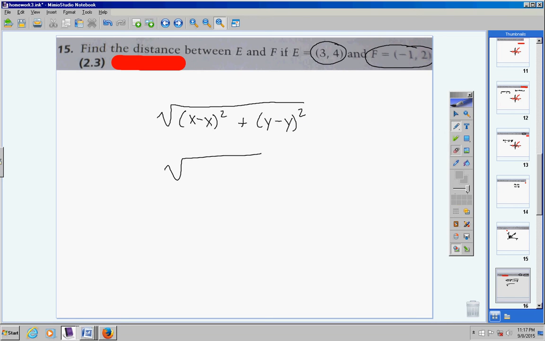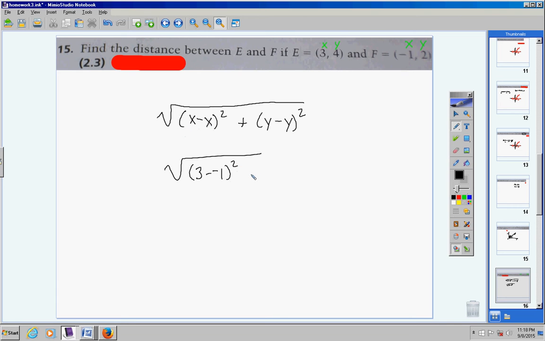This is your X, this is your Y, this is your X, this is your Y. So we're going to take X minus X in this parentheses. Well, my X numbers are 3 and negative 1. So 3 minus a negative 1.